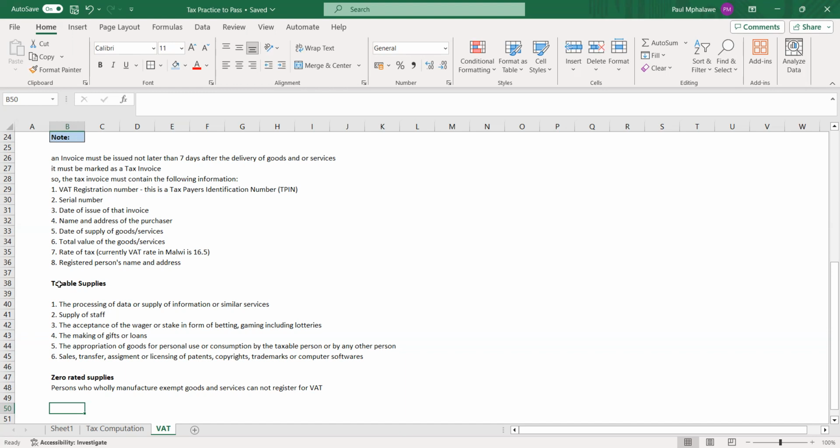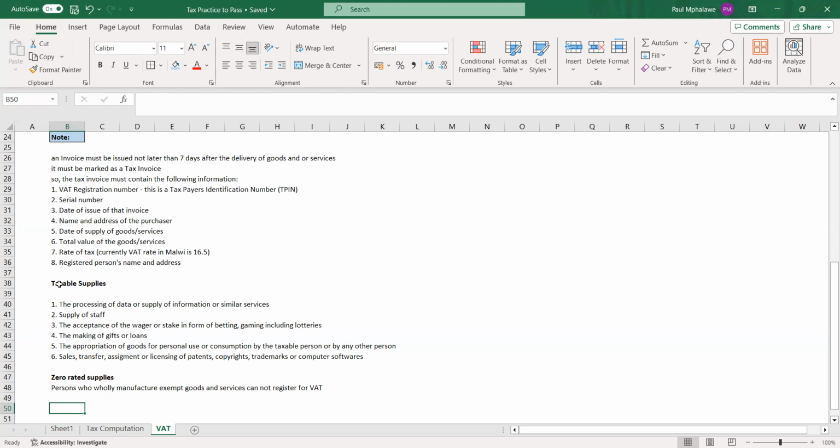Where a registered person incurs input VAT which relates to exempt supply, he is partly exempt and cannot take credit for all input VAT. So the person must work out how much input VAT is deductible using a standard method.